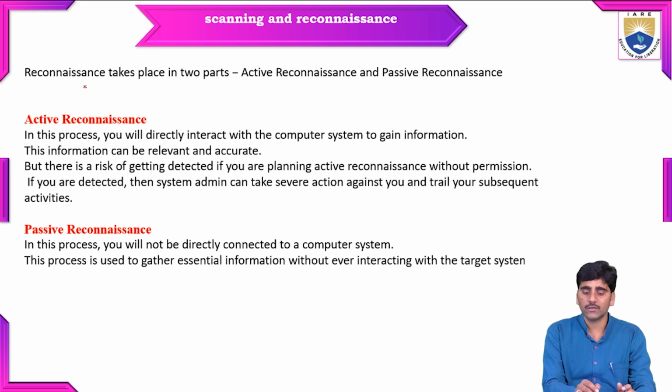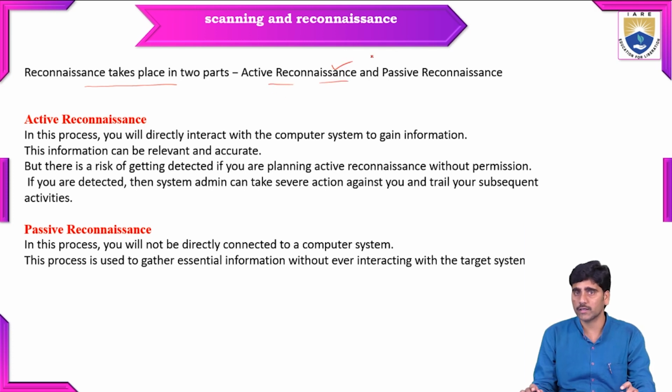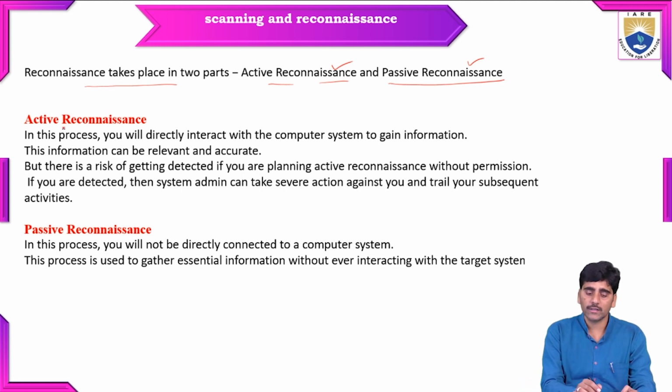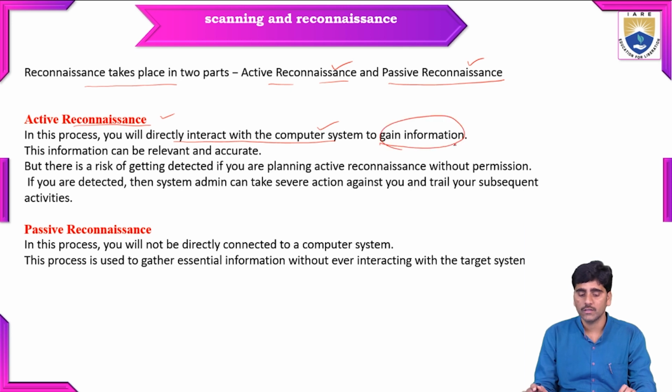Reconnaissance or scanning takes place in two parts. One is active reconnaissance, and the second is passive reconnaissance. In active reconnaissance, we directly interact with the computer system to gain information.